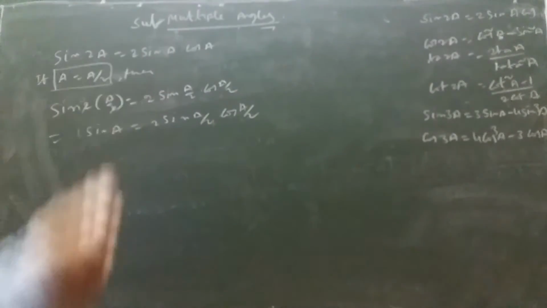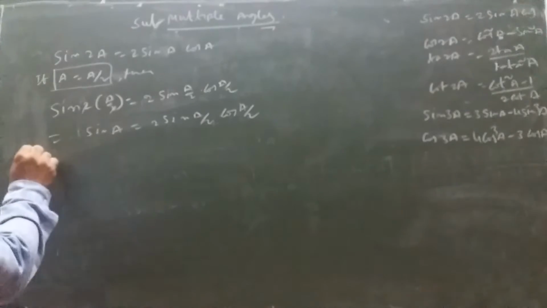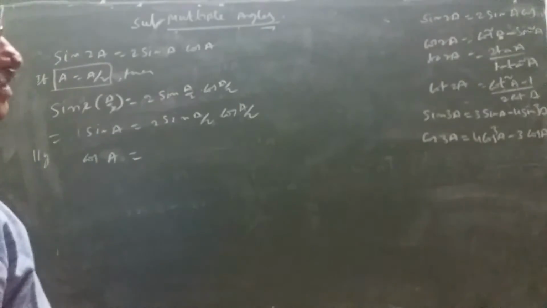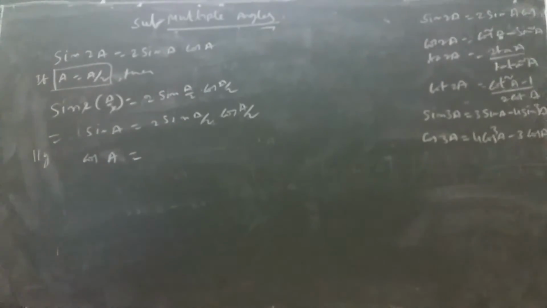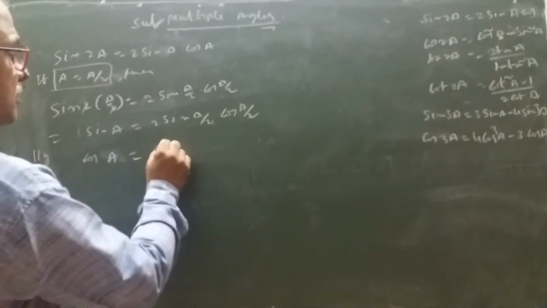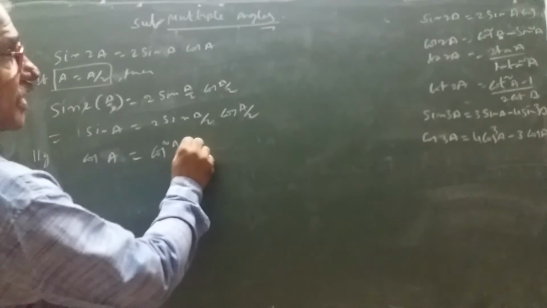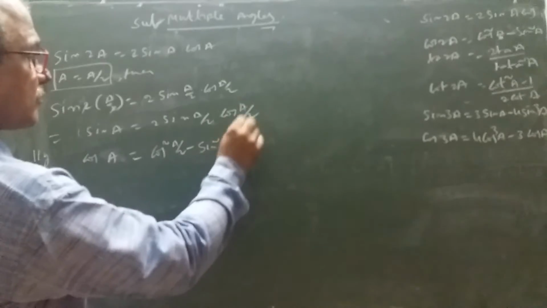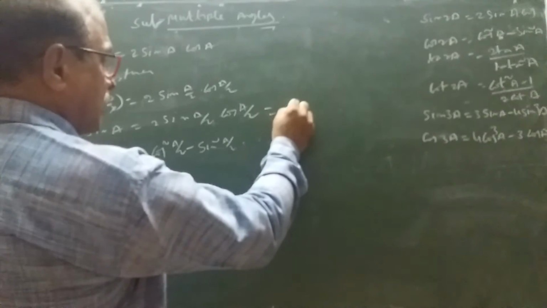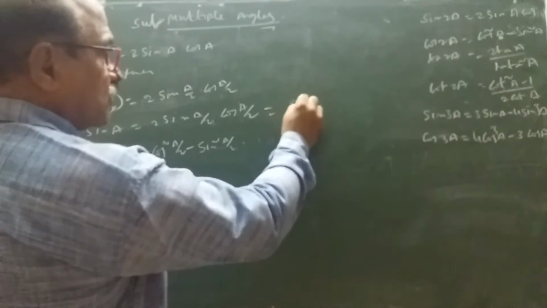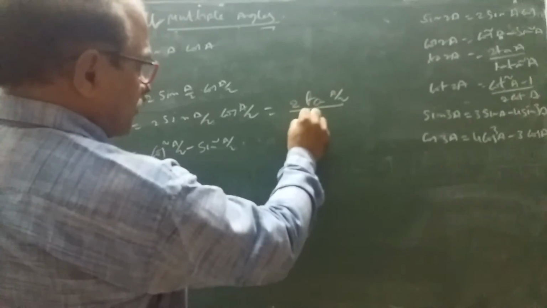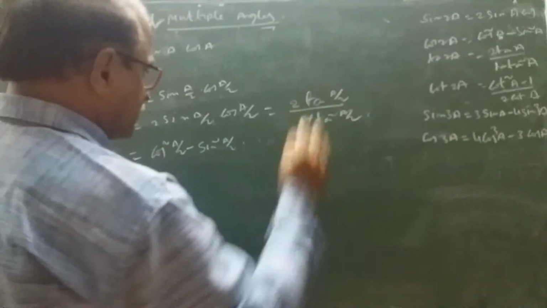Similarly, cos A by 2. So cos A can be written as cos square A by 2 minus sin square A by 2, putting A by 2 instead of A. Sin A in terms of tan is 2 tan A by 2 by 1 plus tan square A by 2.